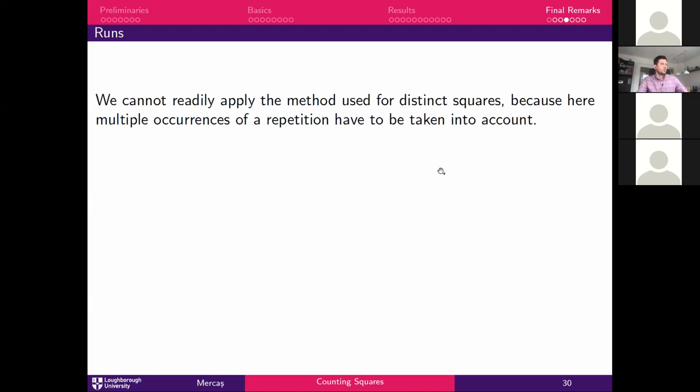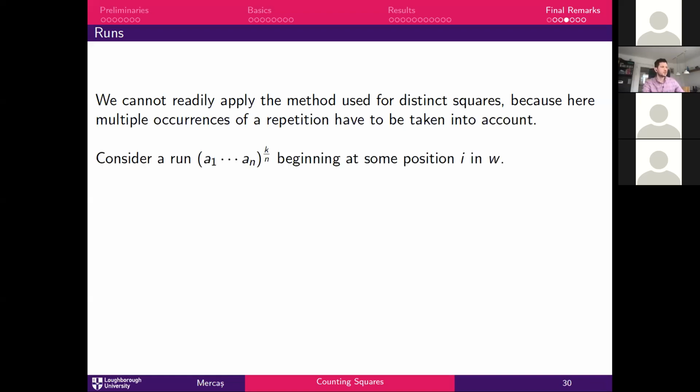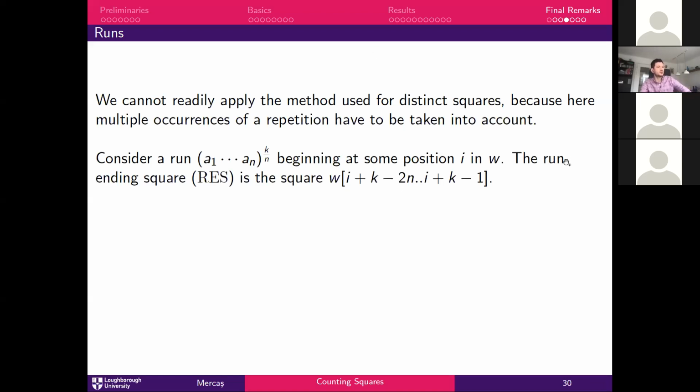But what we showed is that if you want to look at runs, you can actually do that by using our strategy, more or less. Because we're looking at runs, and runs are powers of at least 2, what we can do is basically, for every run, consider the run ending square. So basically the last square that occurs in the run.